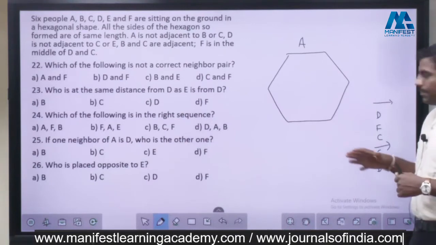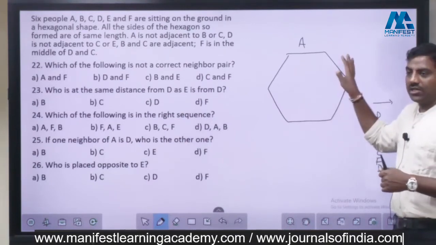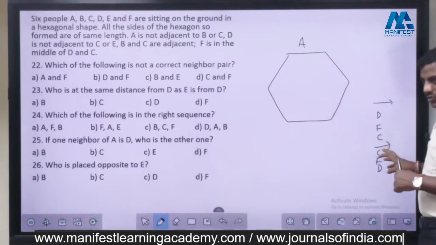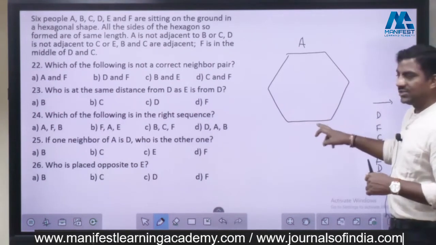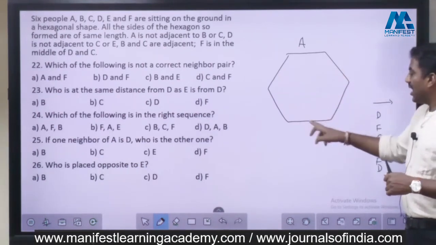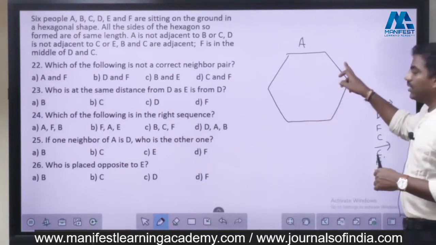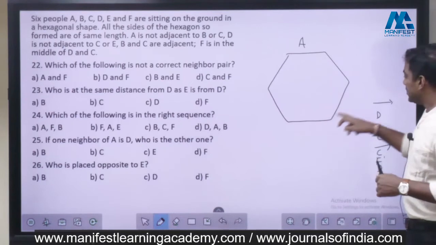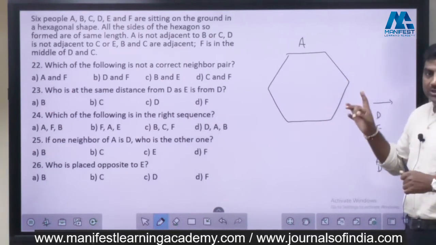See, first of all, B and C are not the immediate neighbors of A. That is done. Here we have three fellows. If I arrange C, F, D here, that is not possible, since C should not be a neighbor of A. C, F, D here, then B would come here, that is also ruled out. Then C, F, D here is a possibility.